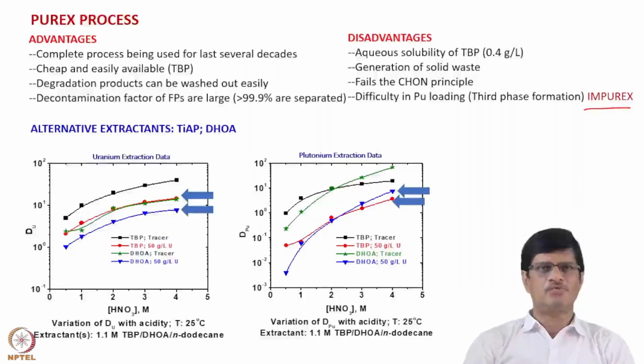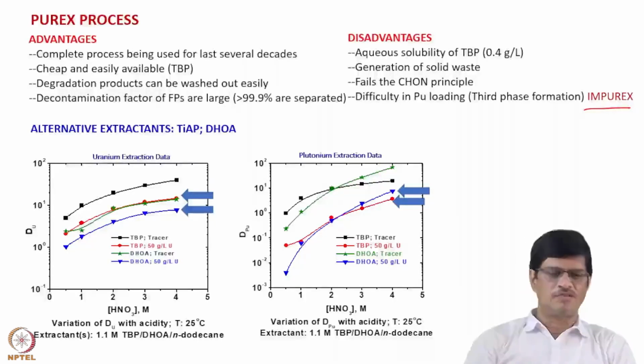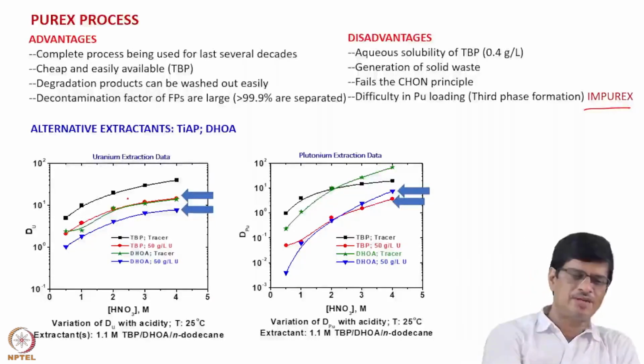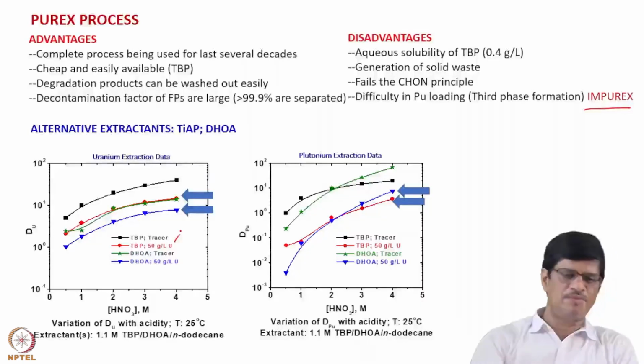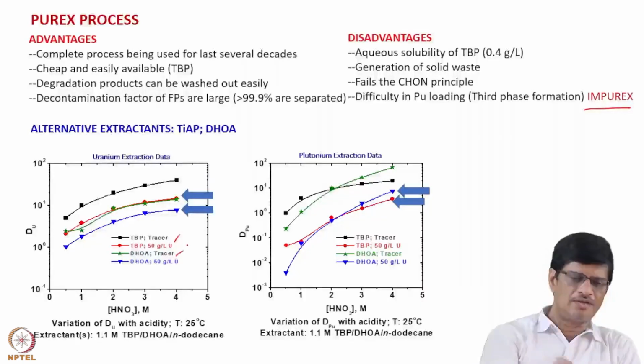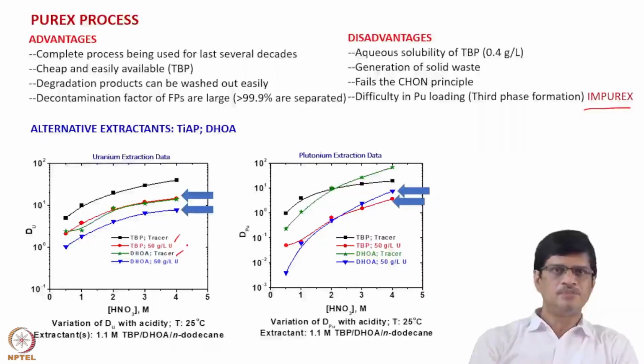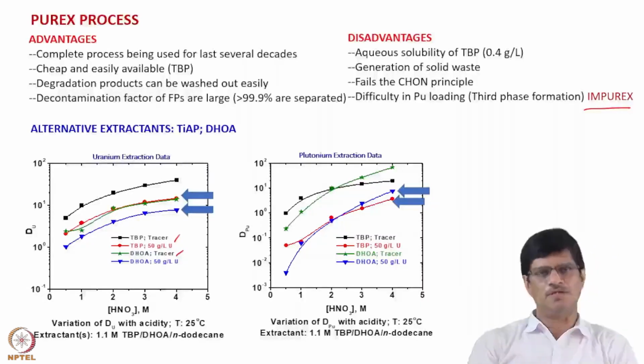I have shown here the profiles of TBP and DHOA in these two figures below. The first figure, on the left side, gives that of TBP and DHOA for uranium extraction. The data given in the black line is the tracer data for TBP, and the green line is the tracer data with DHOA, and the data is also there with 50 grams per liter uranium loading.